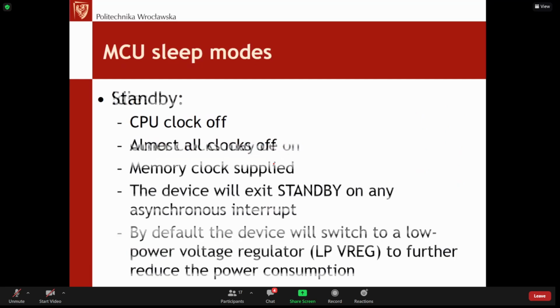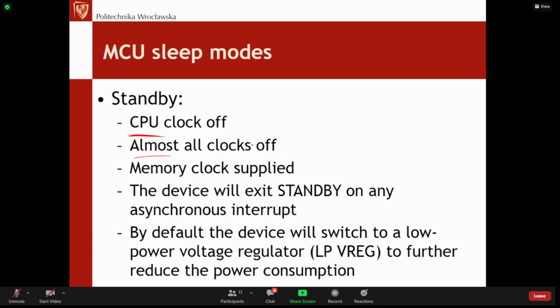Only in the deep backup mode do we have the power supplies of part of the microcontroller switched off. In case of standby, we've got the CPU off, and then clocks being switched off one by one. Only the memory clock and memory power remain, because this is static memory, so it does not need to be constantly clocked. What is important is that the power supply in standby mode is still supplied.